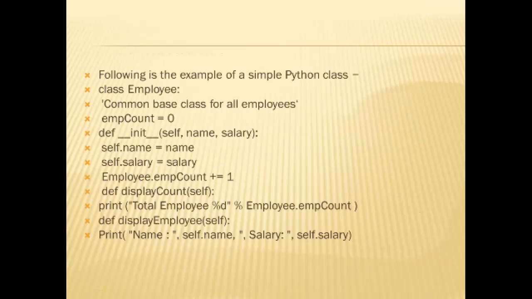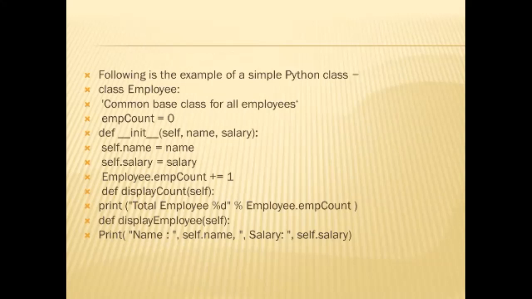For example, a simple Python class: class Employee, a common base class for all employees. We are taking a company employee's status, telling his name and salary. We are using the def __init__ function with self, name, salary. Self.name is equal to name, self.salary is equal to salary.